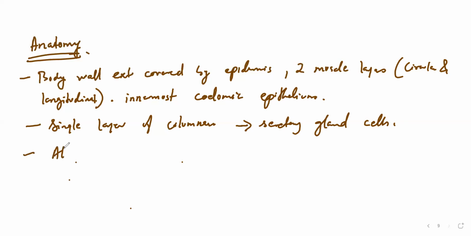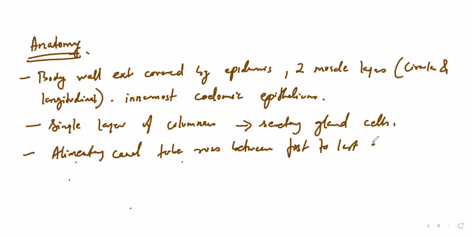Then it also has an alimentary canal. This alimentary canal is basically a tube-like structure which runs from the first to the last segment of the body.